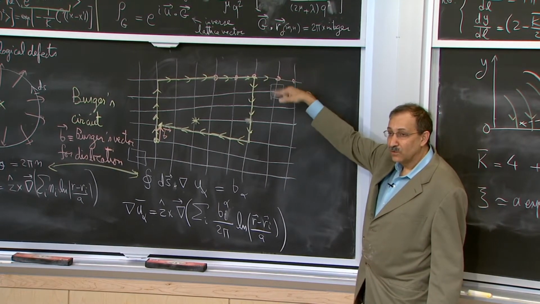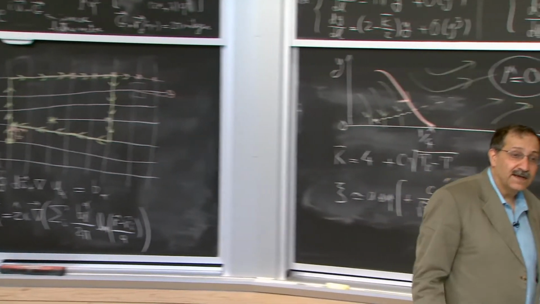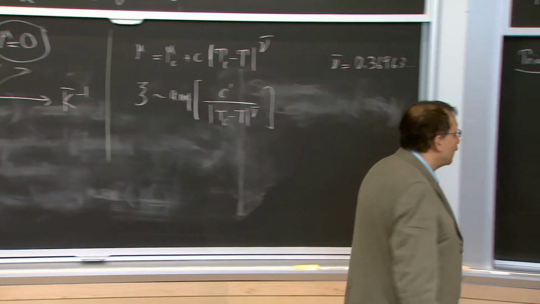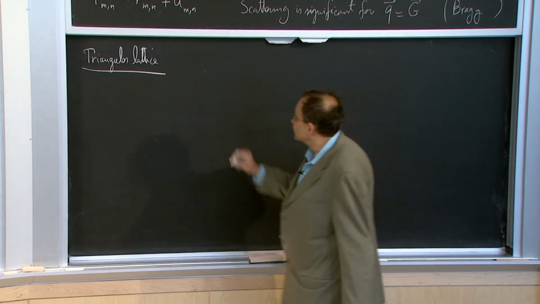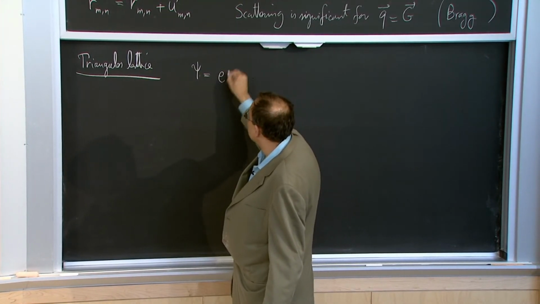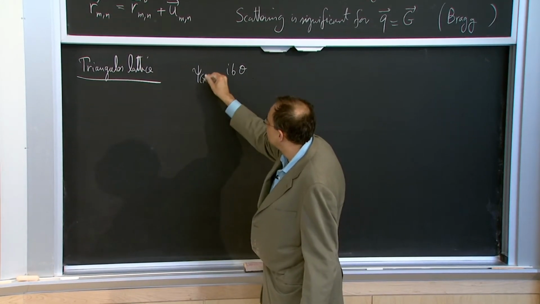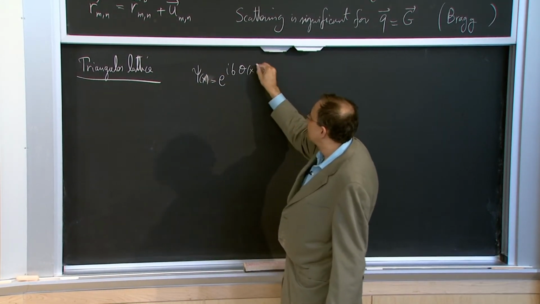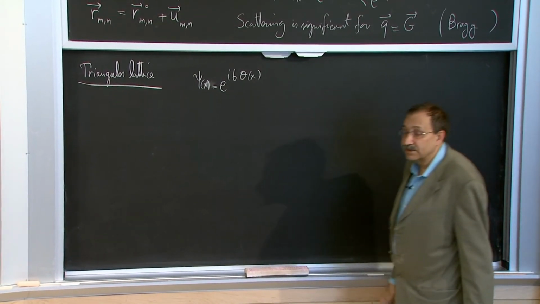So this is unknown up to a factor of 90 degrees. In the triangular lattice, it is unknown up to a factor of 60 degrees. So what I should do is I should define e to the 6i theta at each location as a measure of the orientational order.